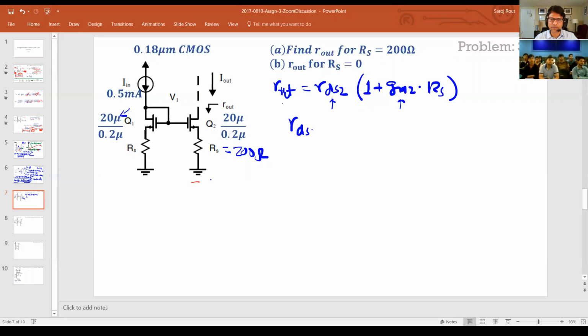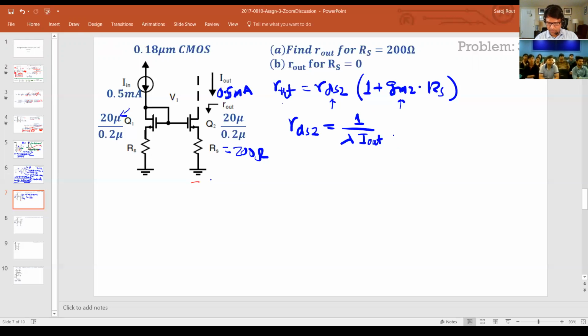So RDS2 is 1 over lambda ID, which in this case is I out. And since all the sizes are the same, I out is the same like we showed in the first slide. So this is 0.5 milliamps as well, approximately.